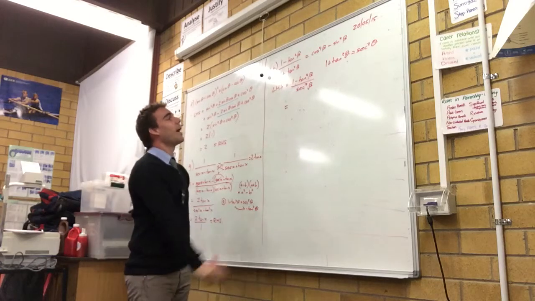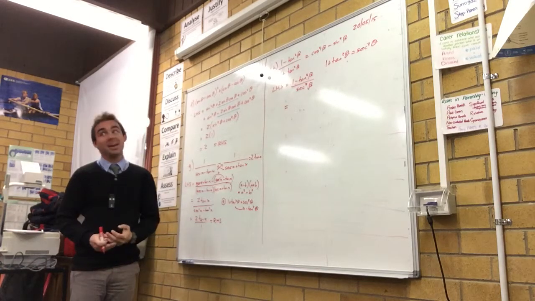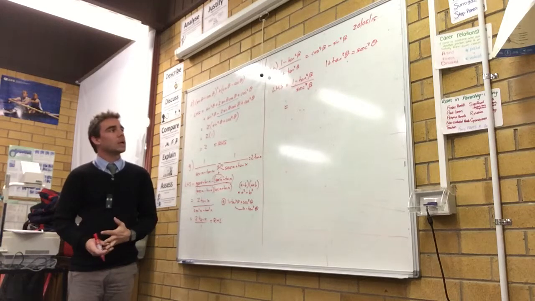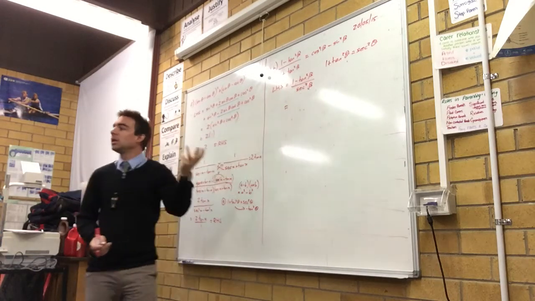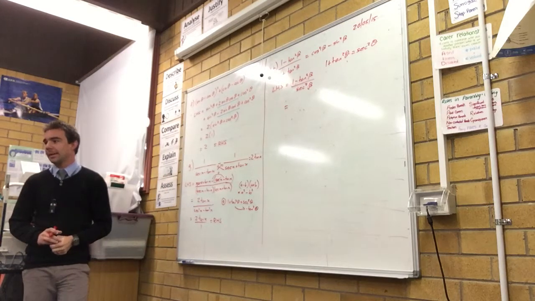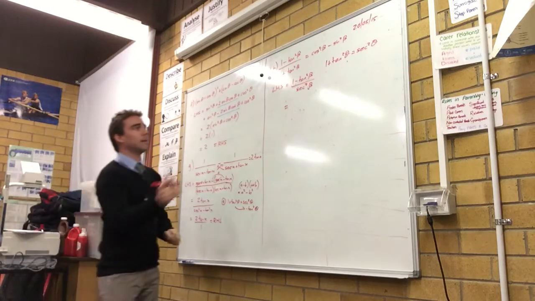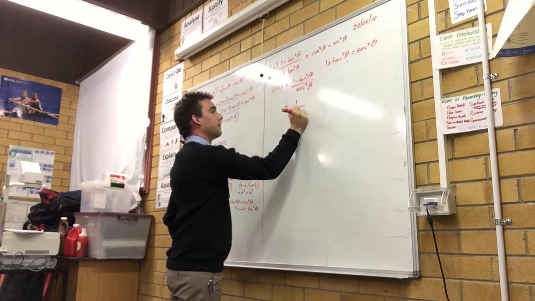So what I need to show is cos squared beta take away sine squared beta. In order to achieve that, I'm looking at my question. Now I have a sec squared beta, which is the reciprocal of cos squared. So what I'm going to do is split it up like the following.